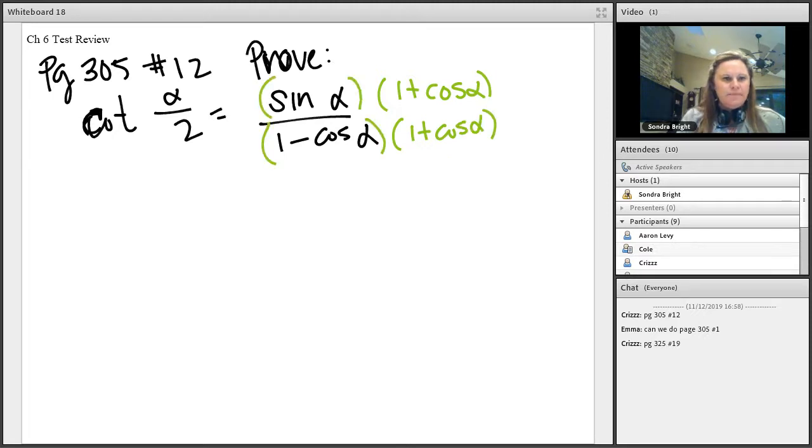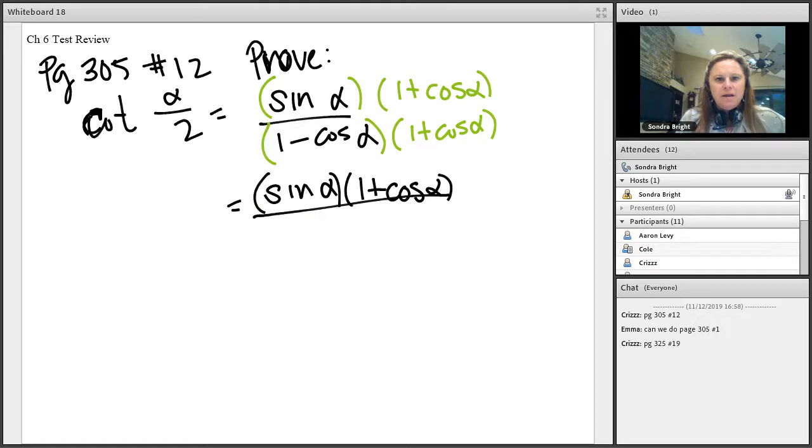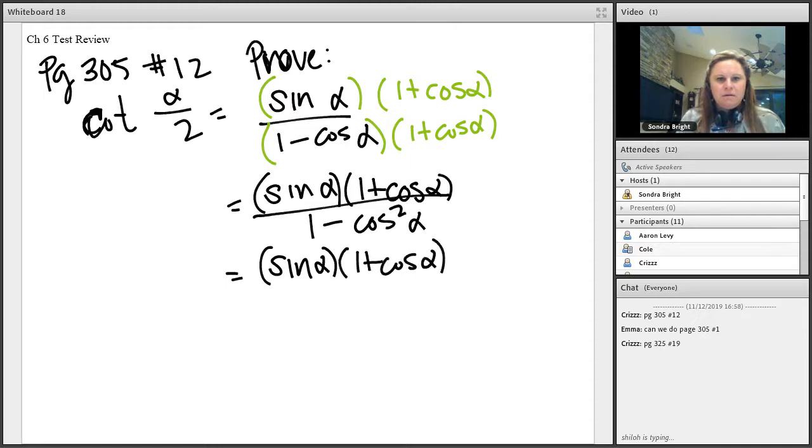So then that will give me a sine of alpha. I'm not going to distribute that yet, just because who knows what's going to happen. On the bottom, it's a 1 minus cosine squared, which we know is sine squared. That's over sine squared.